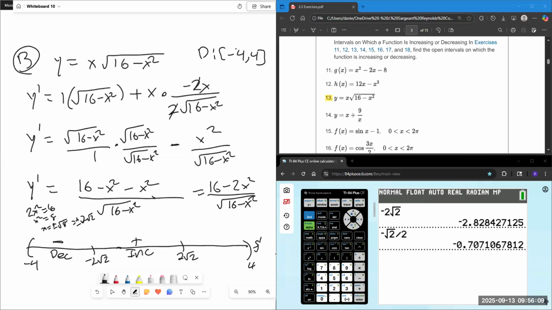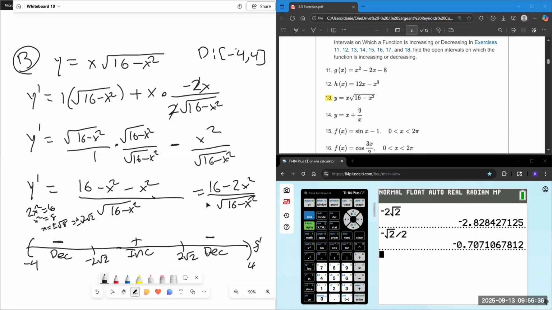So we're going to choose 3. And so that's going to be 16 minus 18 again. That's a negative over a positive. It's negative, and decreasing. We'll come back to why we pick test points like this later in the assignment, but that's going to be one of the other things where you're going to want to estimate to find a correct test point.